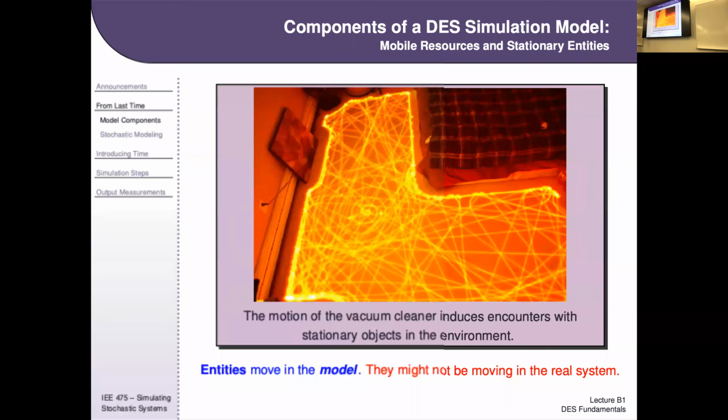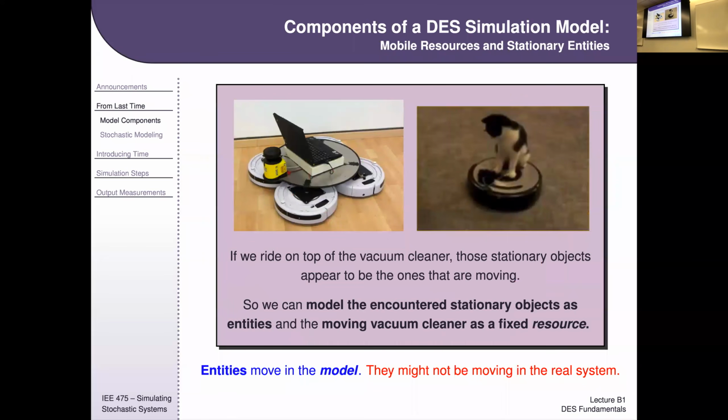I can think about the vacuum cleaner moving around a space, encountering random bits of dirt at different spots, maybe even different types of dirt. If I were to think of myself riding along in the reference frame of the vacuum cleaner, then from this perspective the room is moving, not the vacuum cleaner.